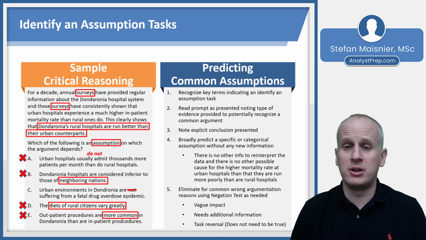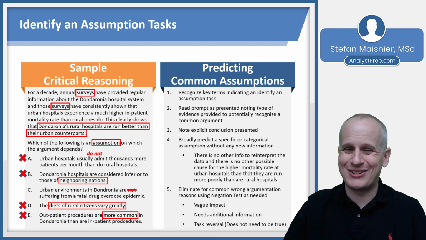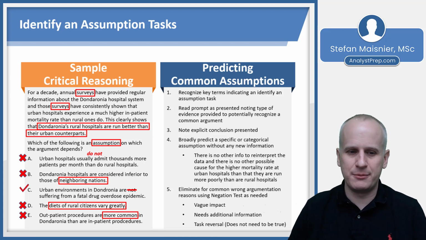Because now we've got drug overdoses that may not be occurring in the rural hospitals that are occurring in the urban ones. So it shows that it's not necessarily that the rural hospitals are run better; they just don't have this fatal drug overdose epidemic. So upon negation, we see that the argument kind of fails. And so that's going to be our correct answer as an assumption that's necessary.